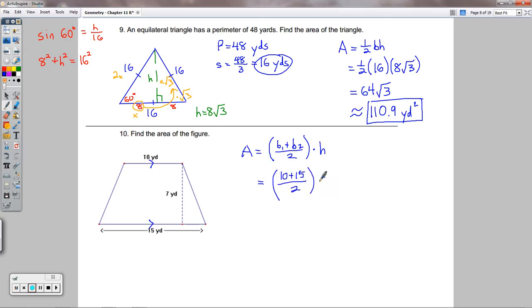That's the average of the bases. That's the median of this trapezoid. And that times 7. This would be 25 over 2 times 7. That would be 175 over 2. And that is going to equal 87.5 yards squared.